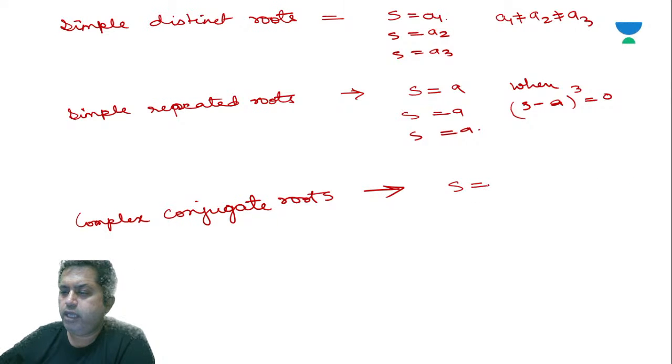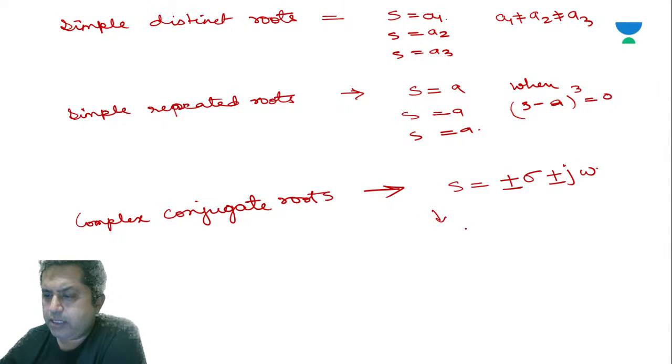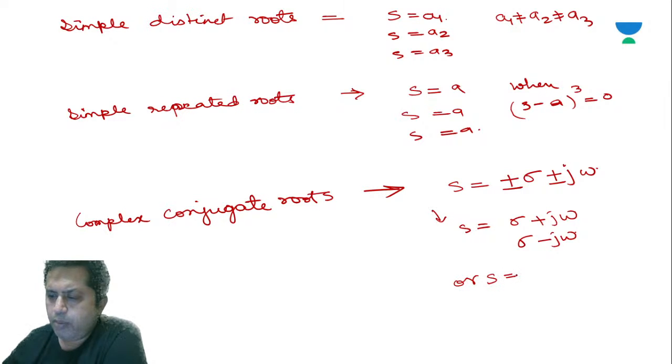So s is equal to plus minus sigma plus minus j omega, which implies that s can be sigma plus j omega and sigma minus j omega, or s can be equal to minus sigma plus j omega and minus sigma minus j omega.